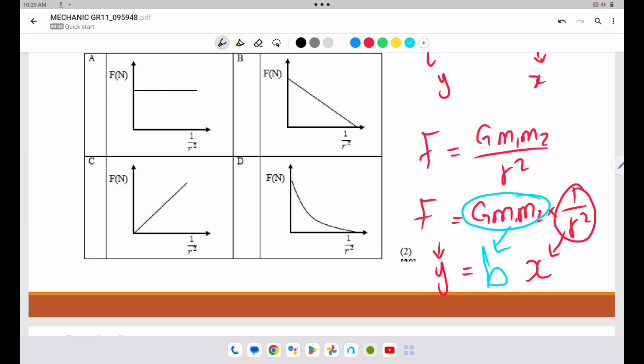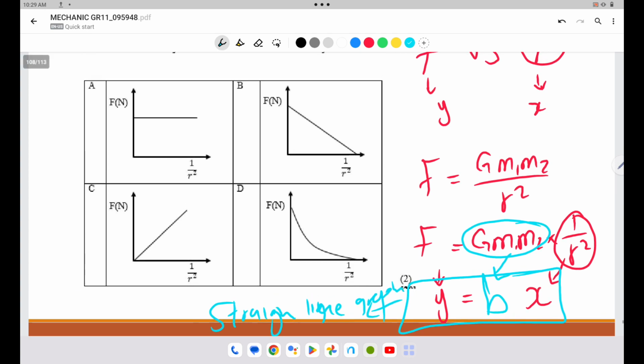I'm going to call it b. And from this, we can clearly see that that graph is meant to be a straight line graph. So that's how we rule out the other two. So this option is out, this option is also out. So now we need to check which one is correct between B and C.